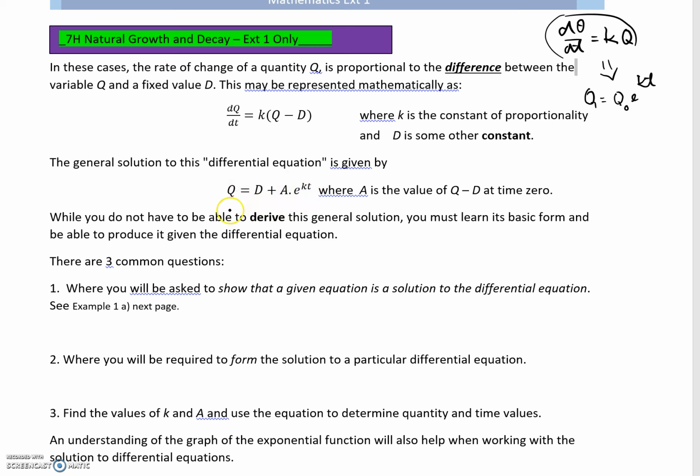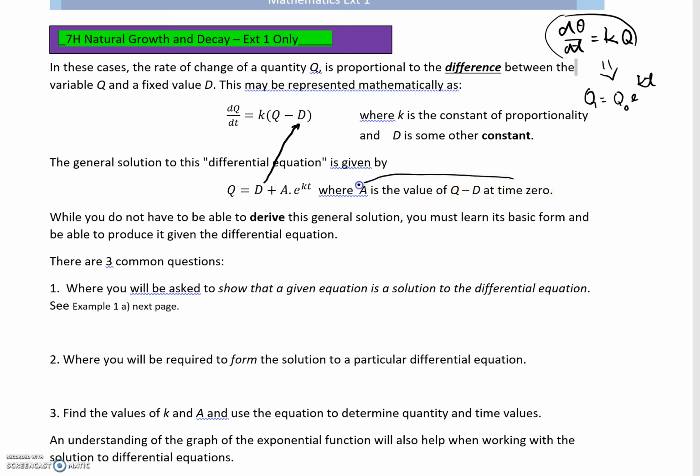So if we're talking about the temperature of a cup of tea, it would be T here, the temperature, is equal to, now remember D was this constant. So it now becomes Q is equal to D plus Ae^(kt), where A is the value of Q minus D at time 0.